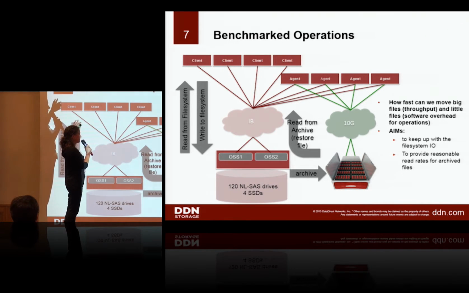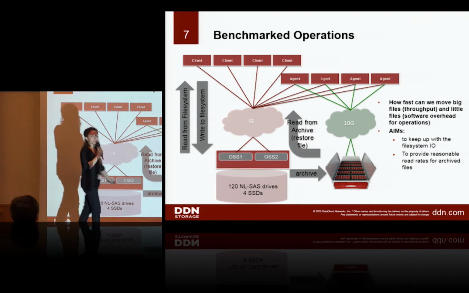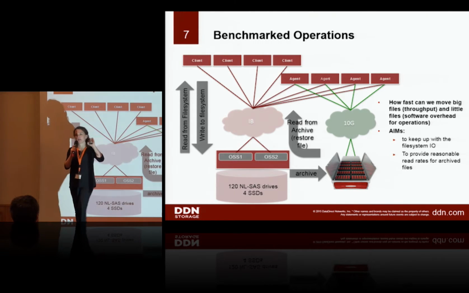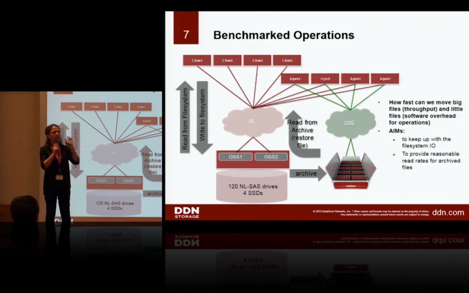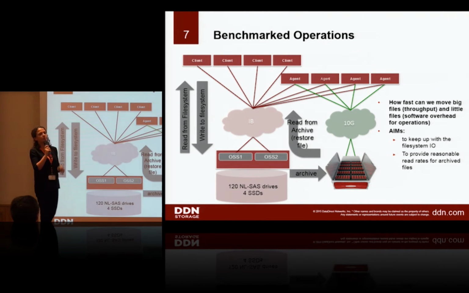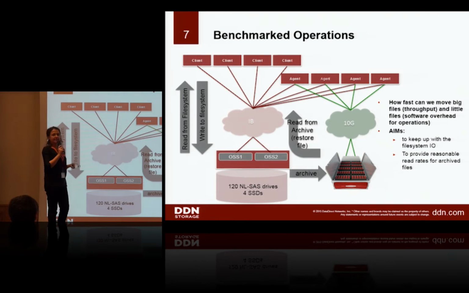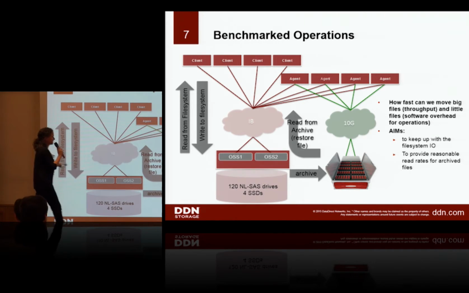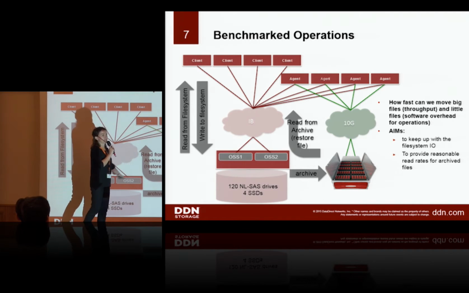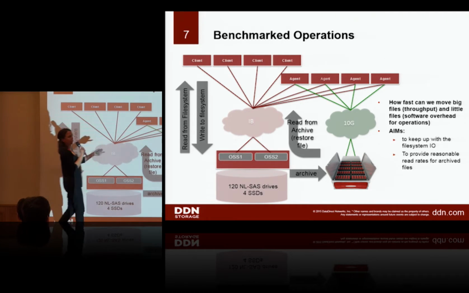We do the movement, the archiving of this data. So we archive a large number of small files, a large number of medium files, and a large number of big files. How to benchmark that is a bit tricky.